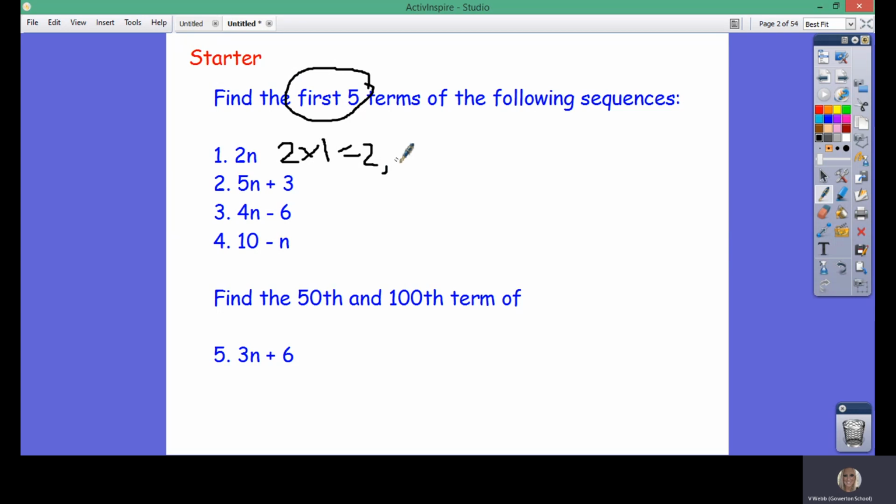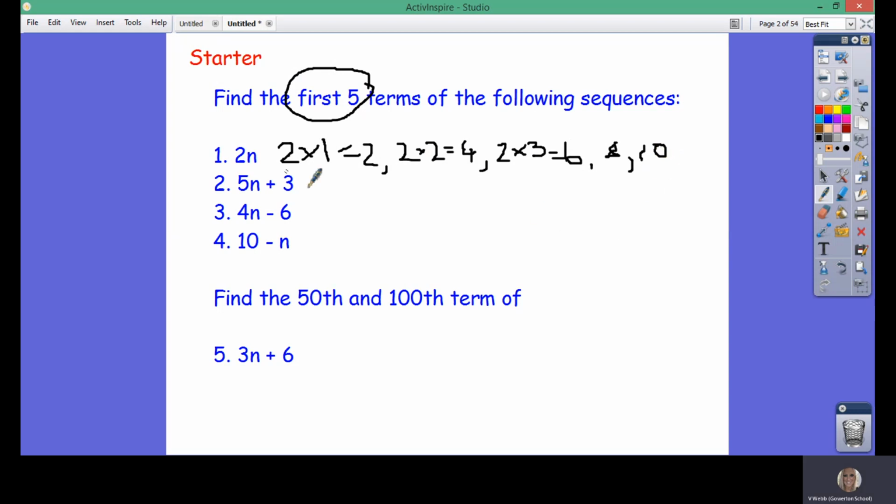The second number in my sequence would be 2 times 2. N would become 2 because I wanted the second number in the sequence. So that would give me 4. For the third number in the sequence, I do 2 times 3, which gives me 6. Fourth number, 2 times 4, which would give 8. And then finally, 2 times 5, which would give me 10.